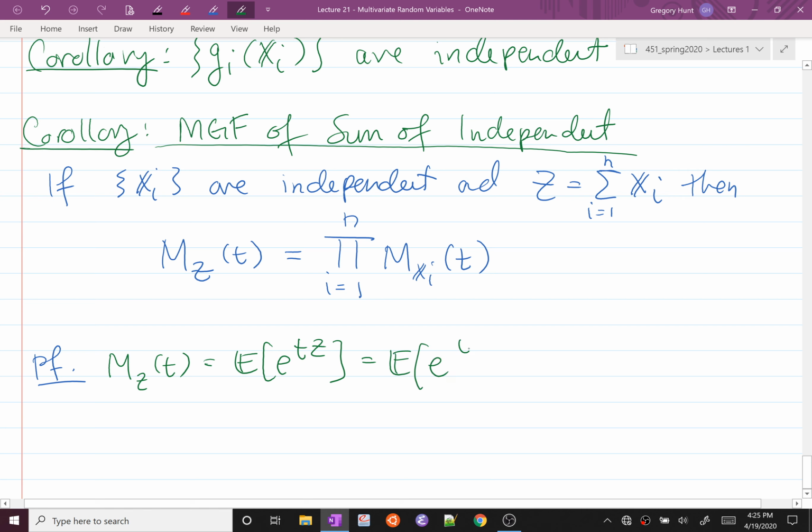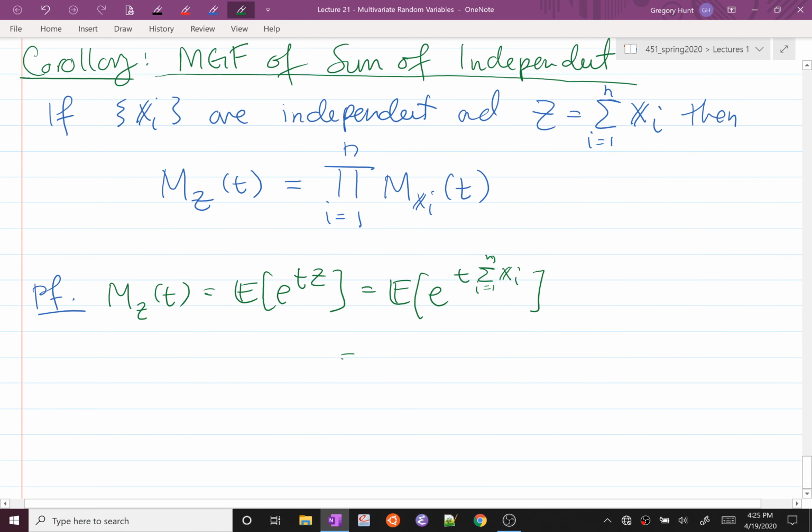Z has the definition of the sum of the x sub i, so let's just plug that in. The expected value of e to the t times the sum of these x sub i. And we can use our properties of exponents to say that this is the product, i goes 1 to n, of e to the t x sub i.